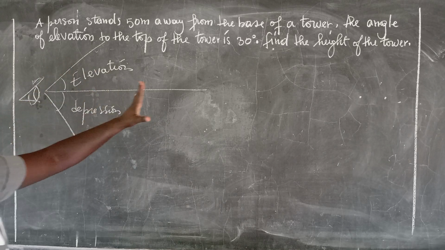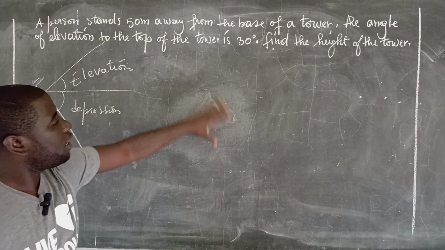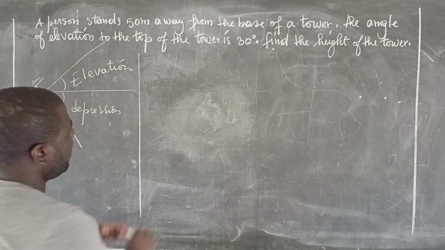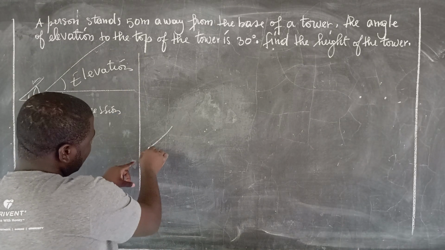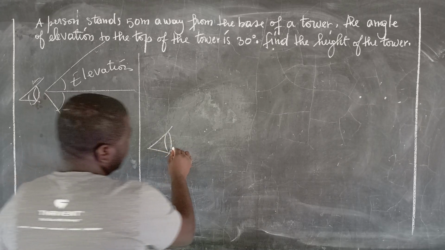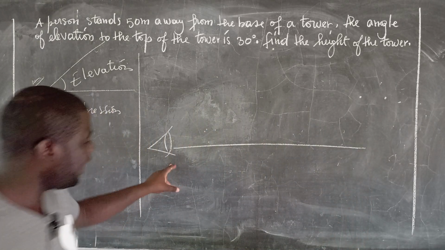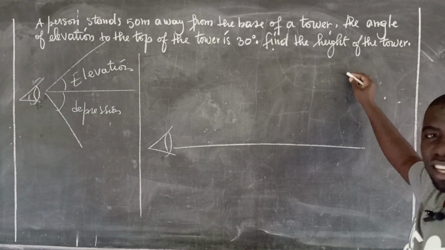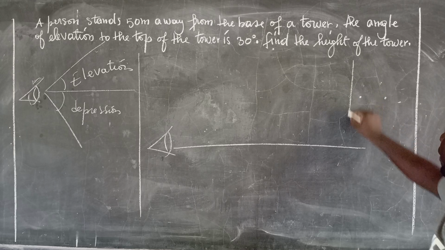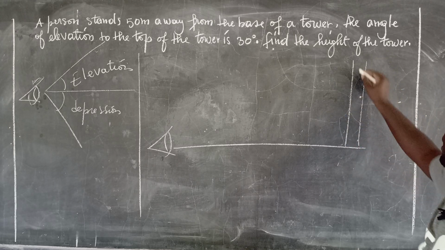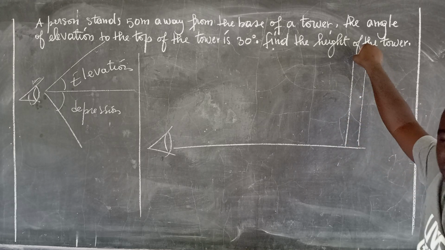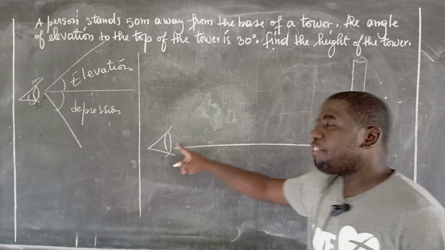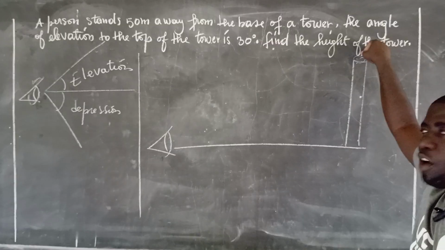We are going to use diagram in this form. This is an eye. You can see horizontally. We have a tower. Let us try to draw a tower like this. This is the top of tower, and this man is observing on the top of tower.